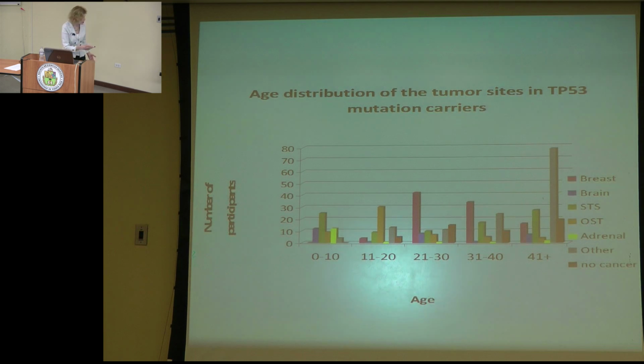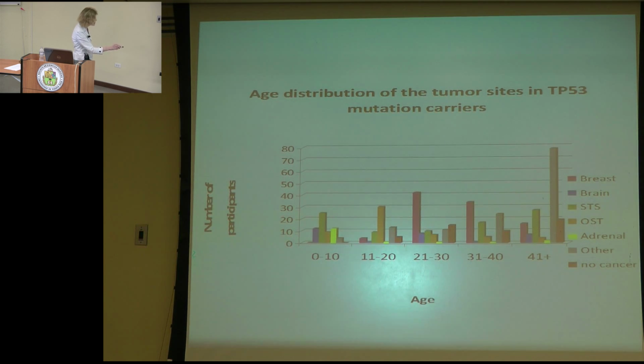So we didn't test children. So this last marker doesn't mean very much. But the others show that for children, as originally described, soft tissue sarcomas are very common, osteosarcomas are starting to show up, brain tumors, adrenocortical tumors, and an occasional other tumor.